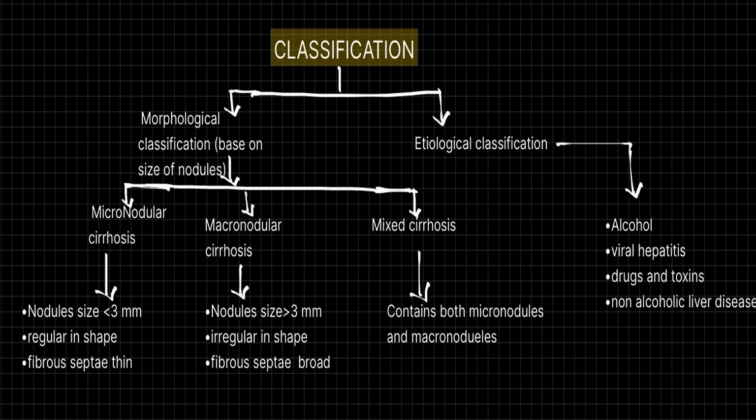Mixed cirrhosis contains both micronodules as well as macronodules. Talking about the etiological classification, this mainly includes the causes of liver cirrhosis, that is alcohol, viral hepatitis, drugs and toxins, non-alcoholic liver diseases, etc.